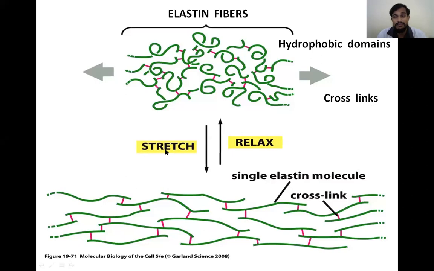So when the elastin fibers are stretched, then these hydrophobic domains are lost, and these are linked by the cross linkages. So in this way, the elastin fiber can be stretched and relaxed. The main property of elastin is it is having very stretchable, very elastic nature. So that is the importance of elastin fibers.